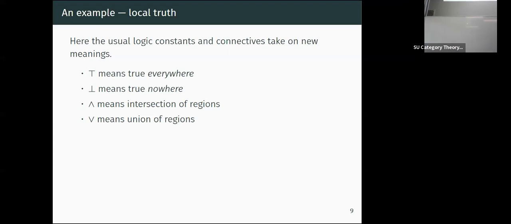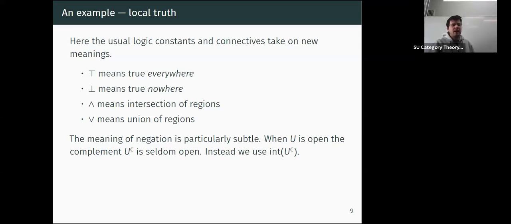And when you take conjunction or disjunction, it'll be intersection or union of regions. But if you think about negation, things are going to get a little bit subtle here. Because if U is an arbitrary open set, its complement is not usually going to be open, right? So for the negation, we won't take the complement, we're going to take the interior of the complement.